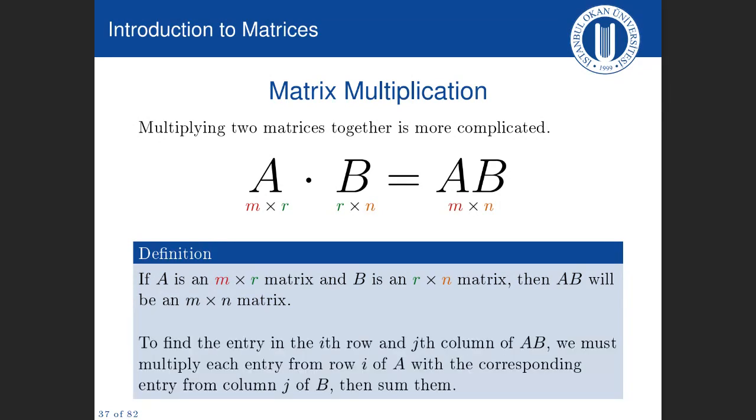The rule is that to find the entry in the ith row and jth column of AB, we take the ith row of A and the jth column of B, multiply each entry from row i of A with the corresponding entry of column j of B, and then add them together. That's a bit wordy. I think it'll be easier to understand if we do an example.